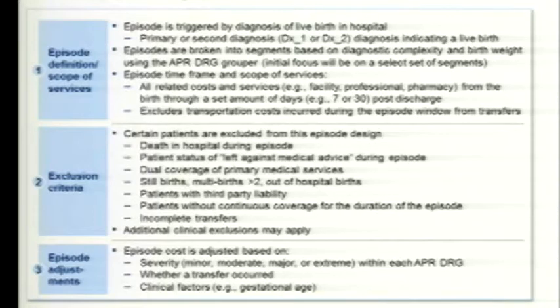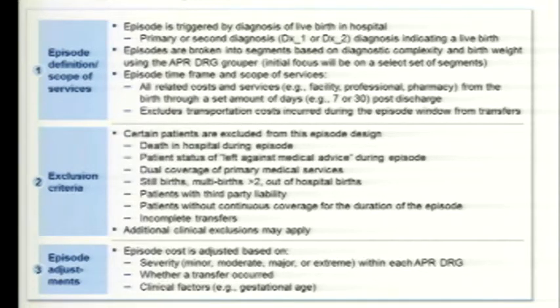We exclude certain cases. So we're going to exclude children or neonates that die during the episode, children or neonates that are taken from the hospital against medical advice by family, parents, etc. Dual coverage situations, multiple births, obviously greater than 2, so triplets or greater, out of hospital births, third party liability, which is secondary coverage.